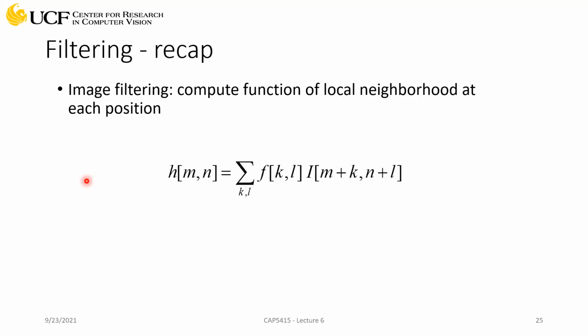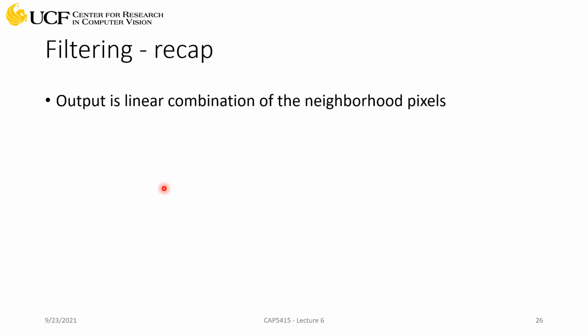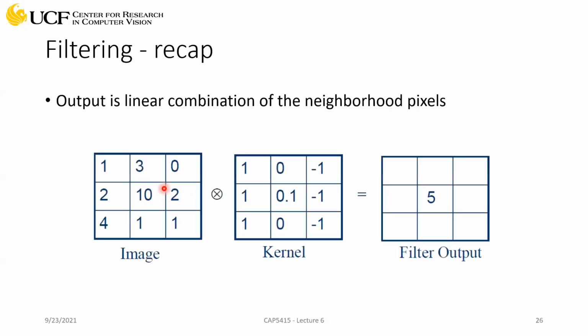So filtering, I can quickly go over this, but again, we recently covered this in one of our lectures, so I don't think there should be any doubt. Filtering is simply you have a kernel, and then you have an image patch. You take element-wise multiplication, and then just add those values, and that will be the output of your filtering operation. So it's just like a linear combination of the neighborhood pixels.